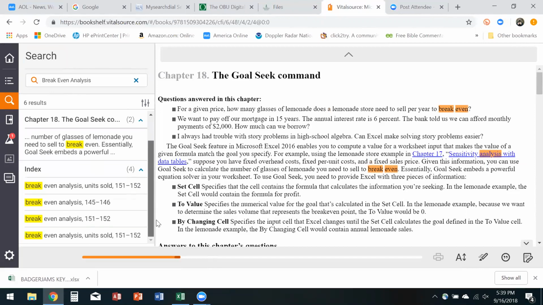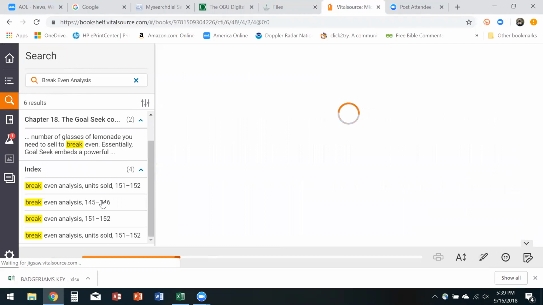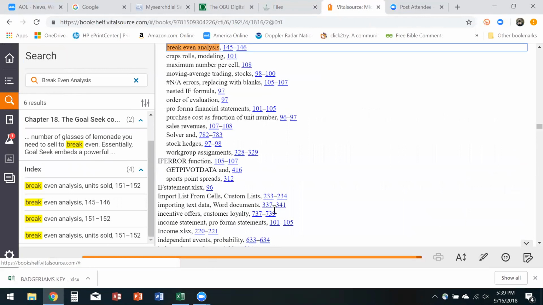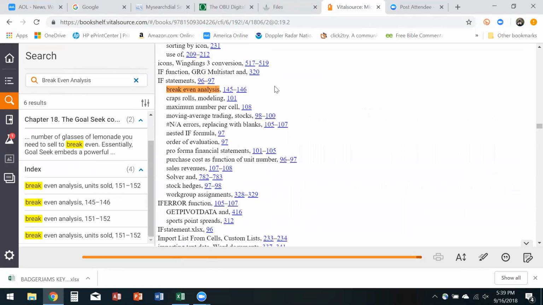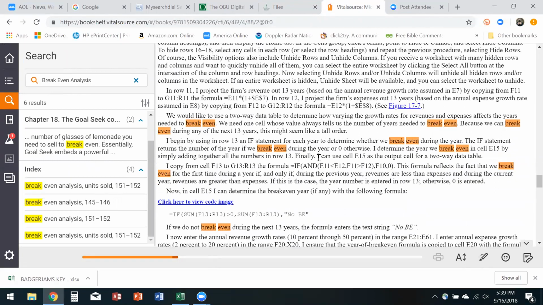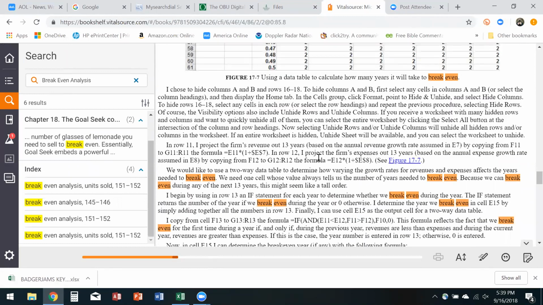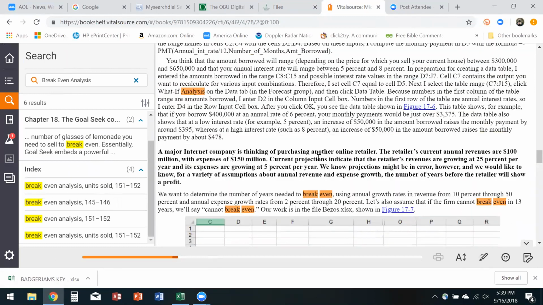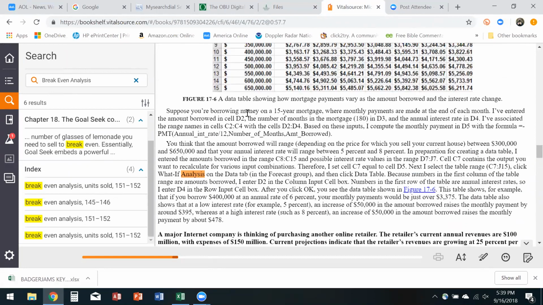Break-even analysis, units sold, break-even analysis in general. Let's just click on 145 and 146, and let's look at this for just a moment. And here we are. Okay. And when we talk about break-even analysis, here's what we're dealing with.